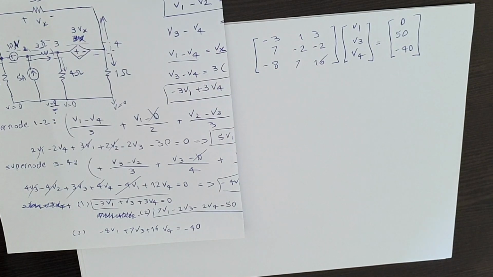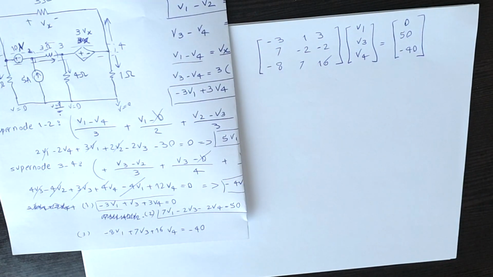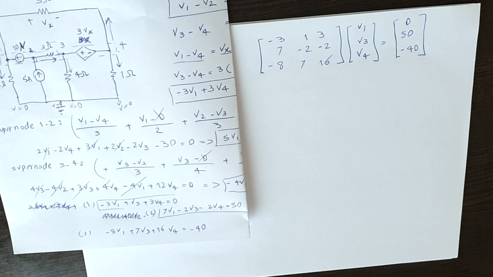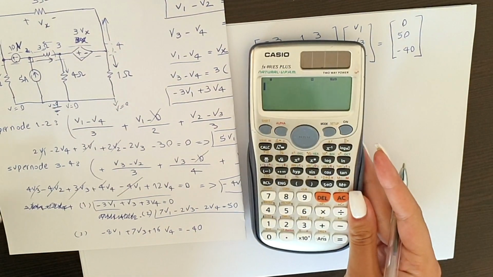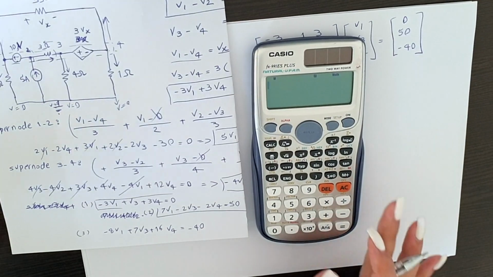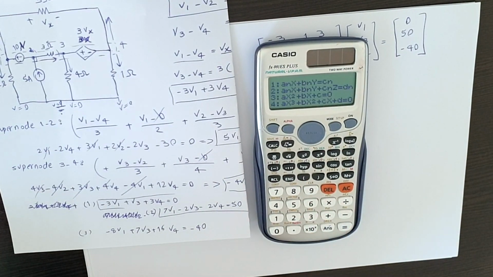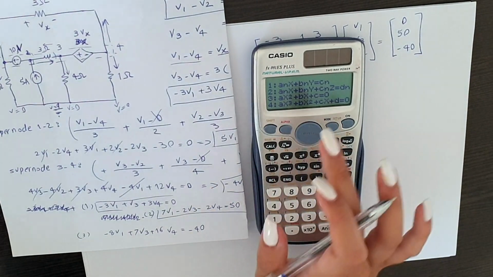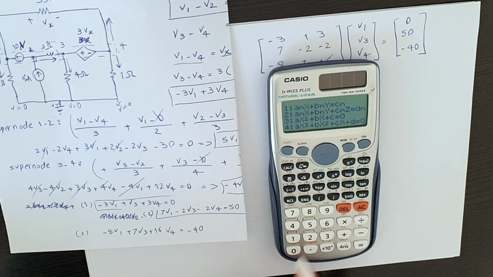I'm going to calculate this with my calculator, and I'm going to show you in this video how I do it. I'm going to press mode, then the equation mode, and I have three different variables here, so I need to select the second one.